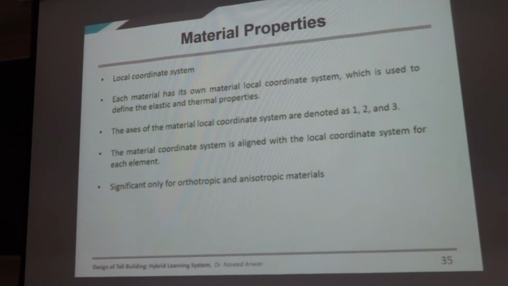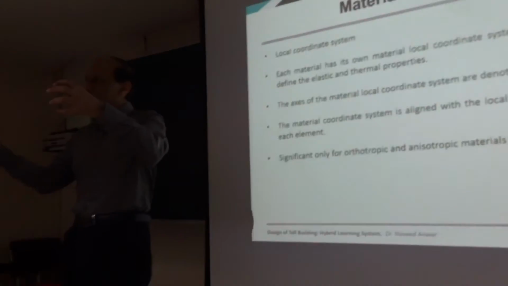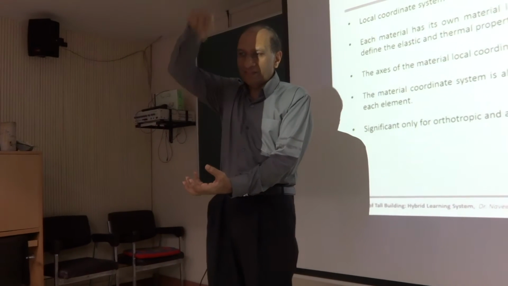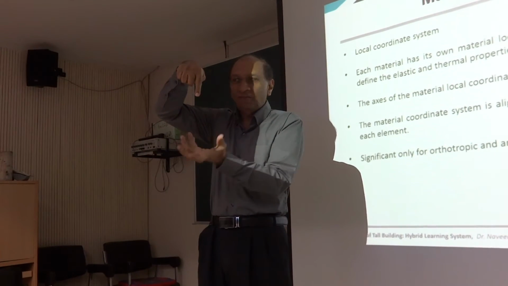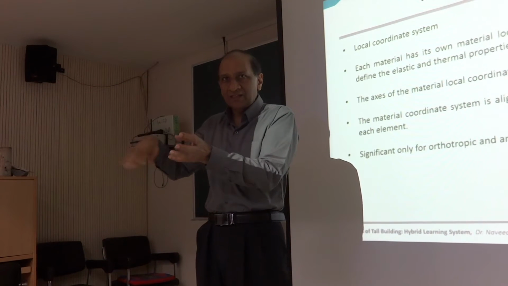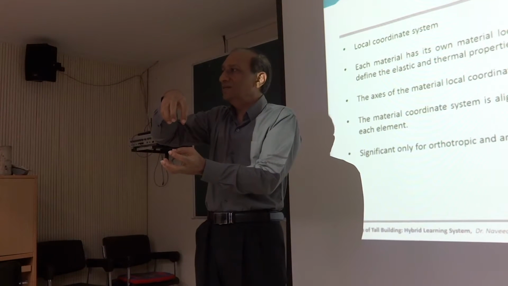Like reinforced concrete has a rebar in it, right? And then concrete. So every material, I can put the concrete like this, or I can put the concrete like this. If I put the concrete like this and apply the force along the bar, it is different. If I rotate the rebar in this direction and load in this direction, different.